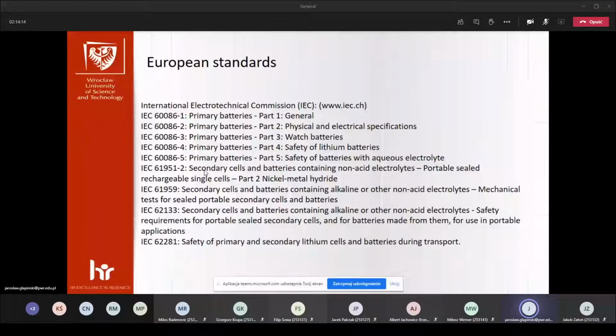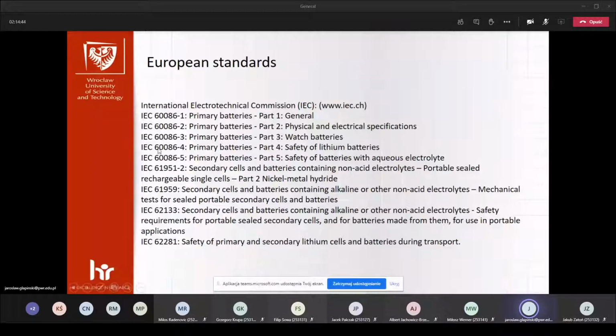Of course, we have some European standards for batteries generally. We've got a lot of parts on how to store the energy, how to store the batteries, how watch batteries should be made, about the safety of lithium batteries, and so on.